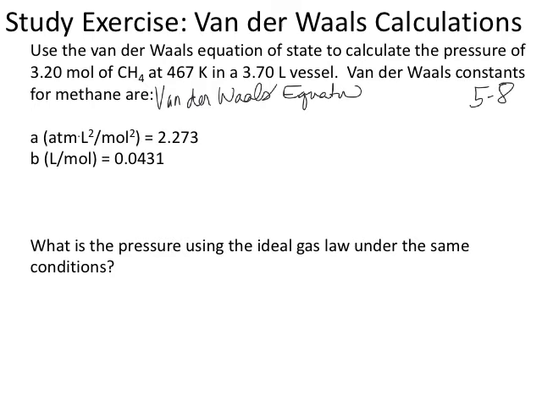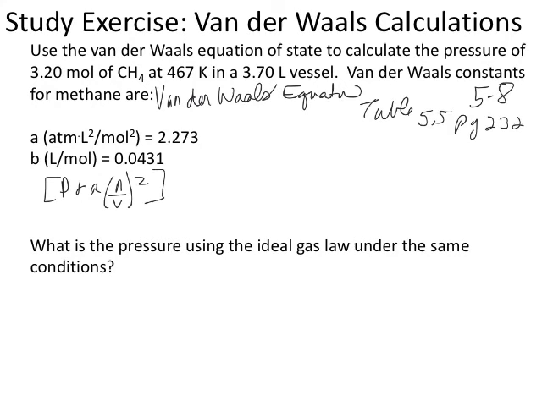So the van der Waals equation, and you also have a table. You don't have to know these. It's table 5.5, page 232. This equation is, I will put right here, P plus a times n divided by V squared, times the volume V minus nb equals nRT.